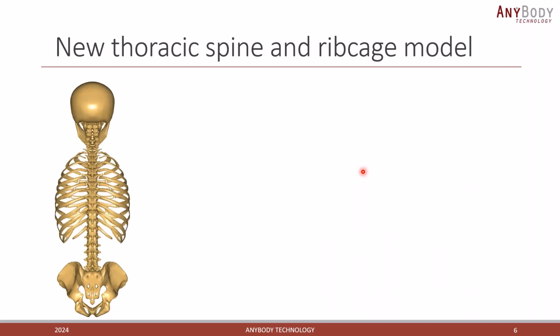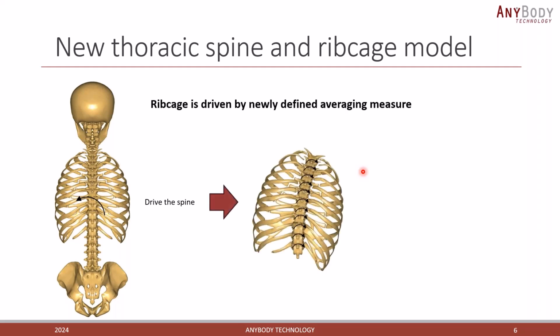So how the model works. The model is very easy to use. We can just drive the posture of the spine, and then the rib cage is driven by itself. It's driven by a newly defined averaging measure that I'll explain later.